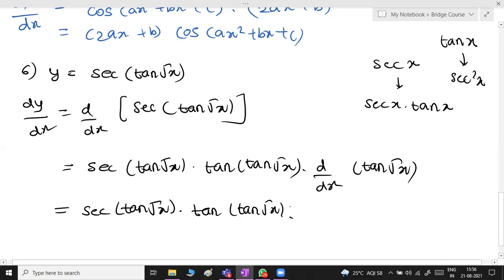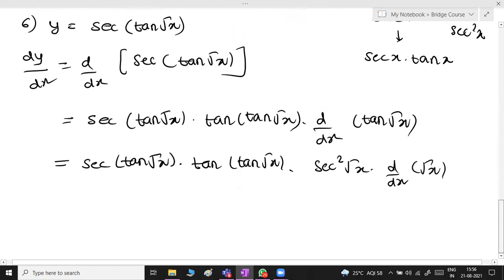Okay, so tan x is nothing but sec square x. So here what will I get? sec square root x. Don't forget this root. Sec square root x into differentiation of root x.